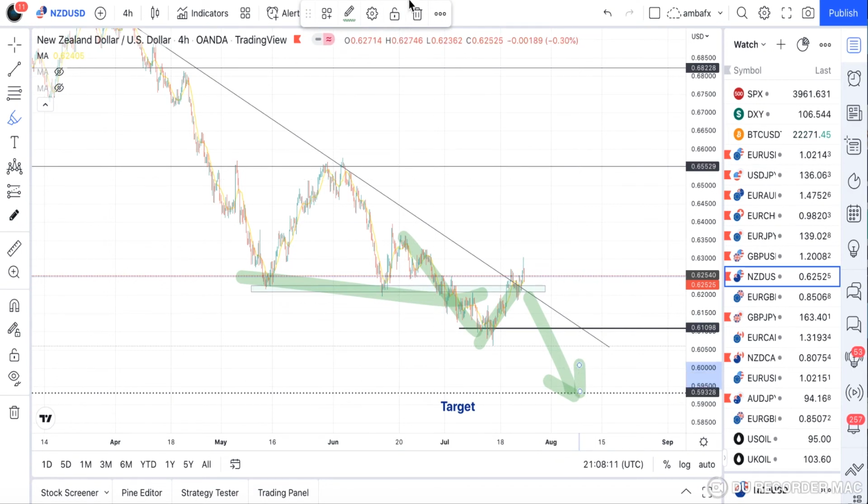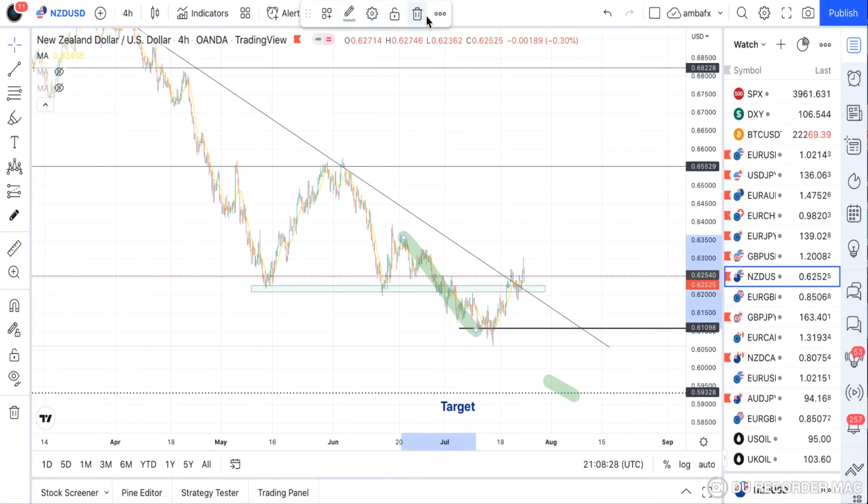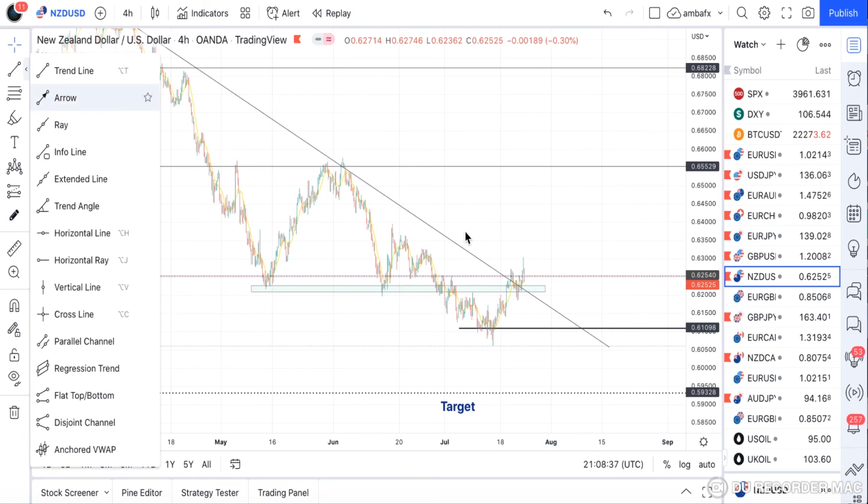But it did something contrary to that. It broke back into that particular area. If you look very well, you can see that we have a break into that support, that support turned resistance, and it breaks into that resistance again, and then we might see an upward movement to this next resistance level.